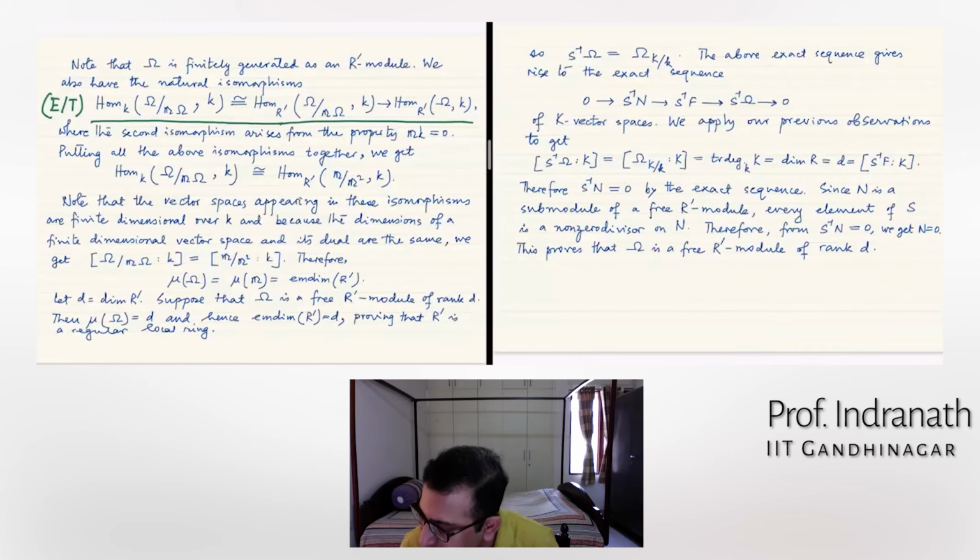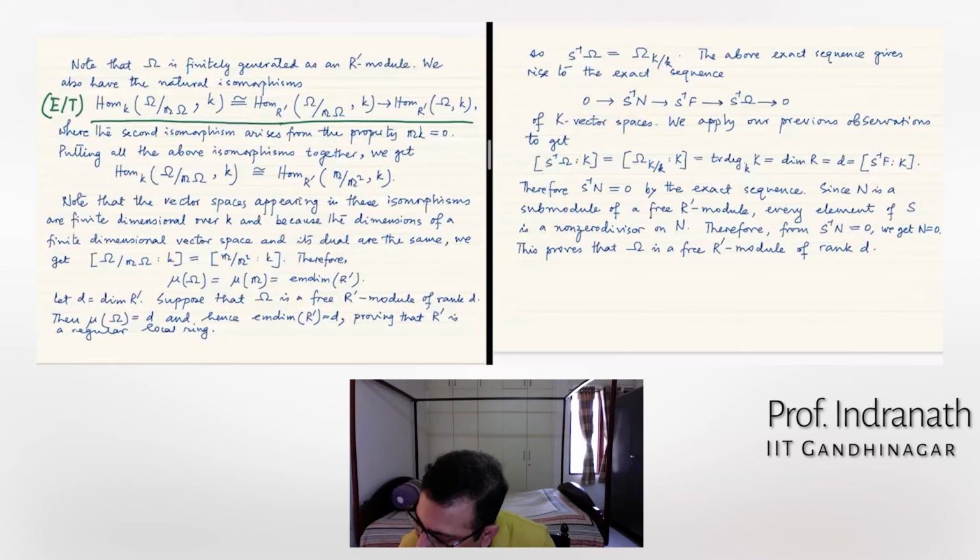So this is going to be the transcendence degree because this is coming as the field of fractions of the domain, and that is the dimension, and that is equal to this.